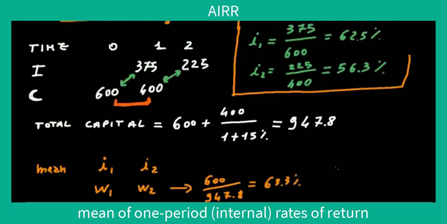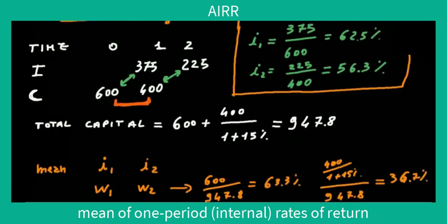And the second weight is the present value of 400 divided by the total capital, 947.8, and this makes 36.7%.